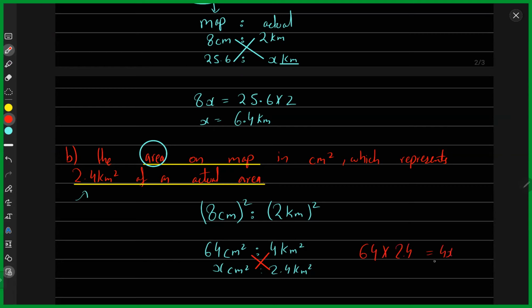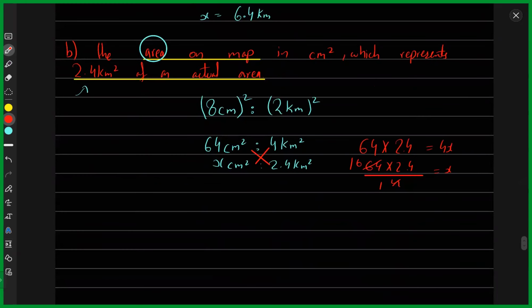When I divide the other side by 4, this gives me 64 multiplied by 2.4 divided by 4 equals x. It's 16 times 2.4, without a calculator because that would not be allowed. So x equals 38.4 centimeter square. This is going to be the answer.